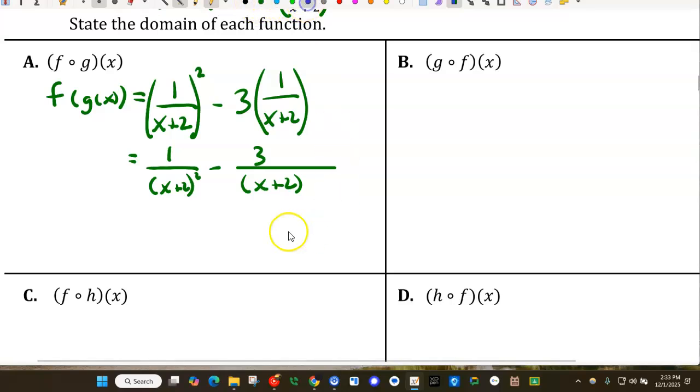And everybody's favorite, we got some fraction work to do. So of course, if we're adding or subtracting fractions, you need to find common denominators. This is x plus 2 squared, 2 of them. This is x plus 2, only 1 of them. So we're going to multiply by another. This will make the denominators both x plus 2 squared, because now there's 2 of them. And of course, we have to do the same thing, top and bottom.